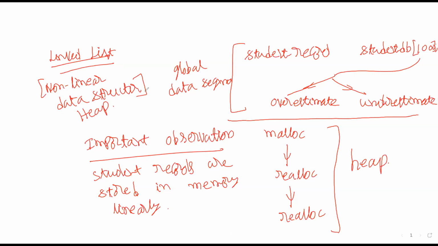The advantage is that you can handle an arbitrary number of student records. That's not a problem at all. You can have 1000, 10,000, up to the extent the physical memory supports, and we can handle the data nicely.